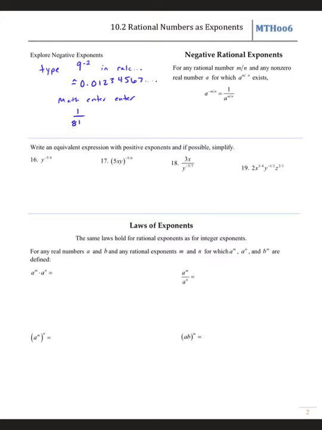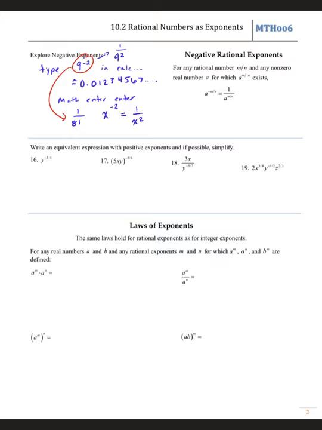Now, how we can go right from this to this without having to use our calculator is by the negative exponent rules. Whenever you have a negative exponent, say x to the negative 2 power, that's going to be the same as 1/x squared. So using that idea, we could take this 9 to the negative 2 and make it 1/9 squared, which is 1 over 81.